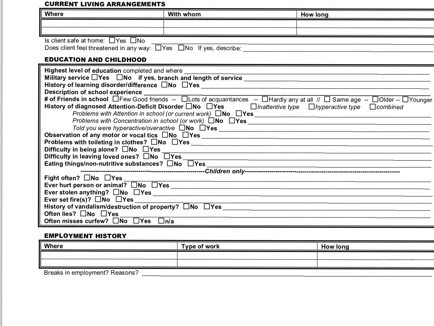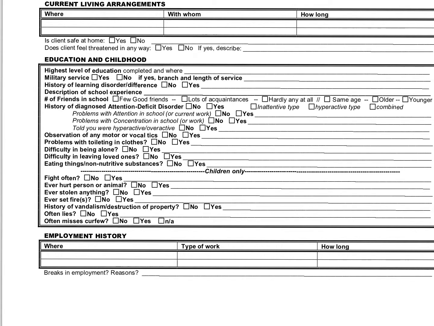In your session with them, this isn't a question you ask, it's your observation. Are you observing, as the counselor, any motor or vocal tics in your client so far? Have you ever had trouble going to the bathroom in your clothes? Was this an issue when you were a child? Did you ever have difficulty being alone?